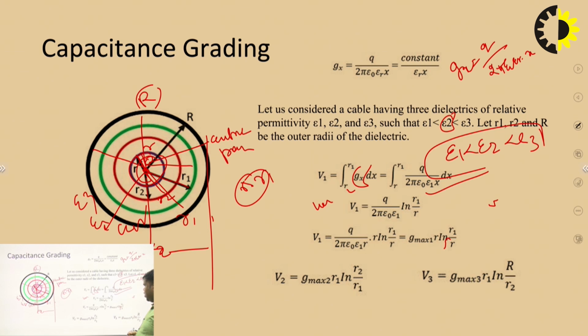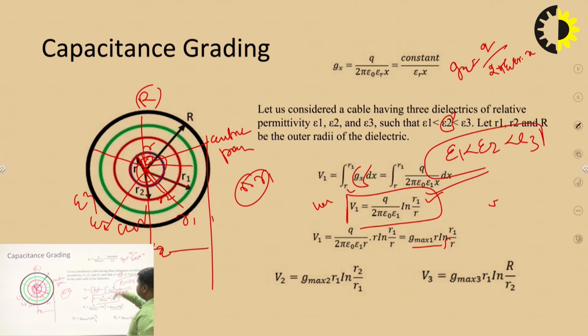So V1 equals the integral of q by 2 pi epsilon naught epsilon 1 x dx, which gives V1 equals q by 2 pi epsilon naught epsilon 1 ln of r1 divided by r. Also, q by 2 pi epsilon naught epsilon 1 into r is the G maximum on this side. So V1 equals G max into r ln r1 by r.